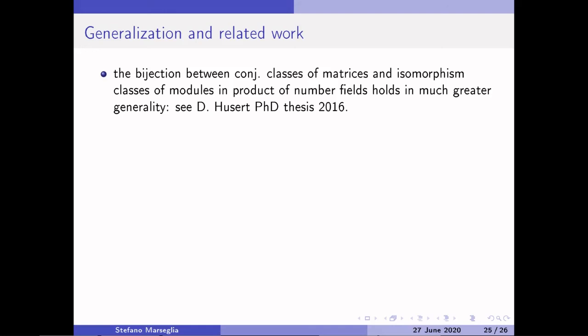We restricted ourselves to irreducible characteristic polynomials. But you can actually take any characteristic polynomial, any minimal polynomial, and there's going to be a similar bijection between conjugacy classes of matrices and some modules lying inside some number fields. And this was studied in Guzzard's PhD thesis in 2016.